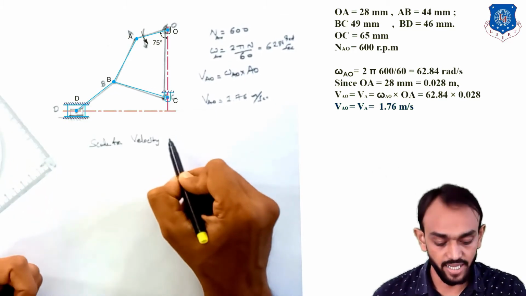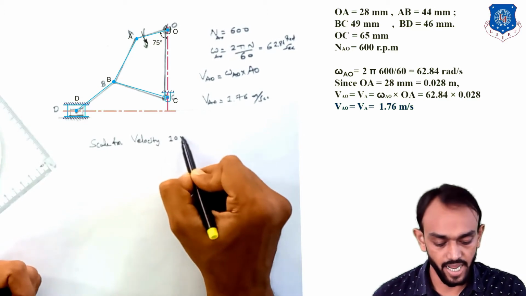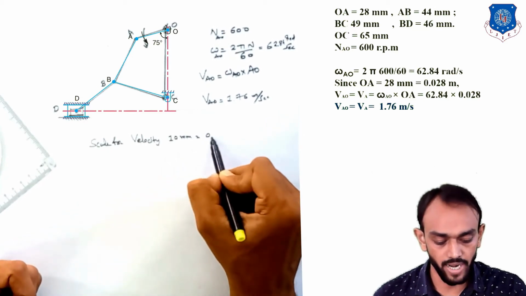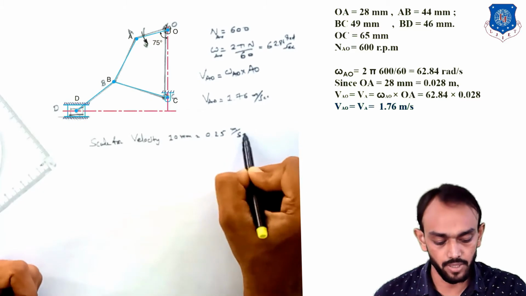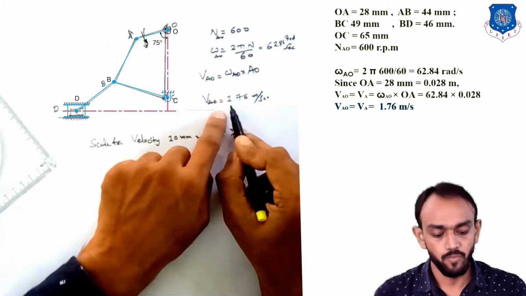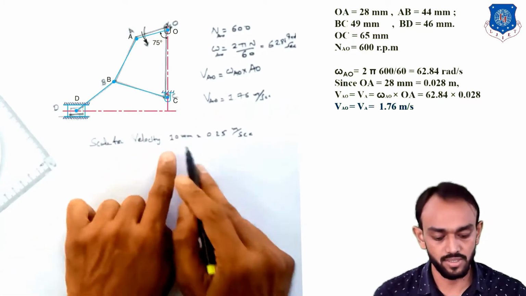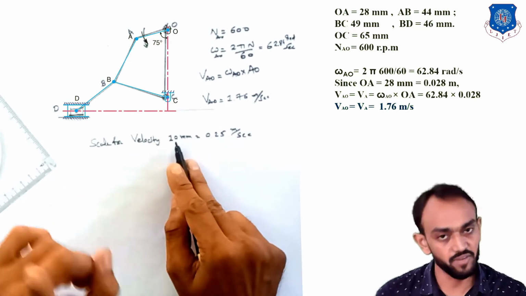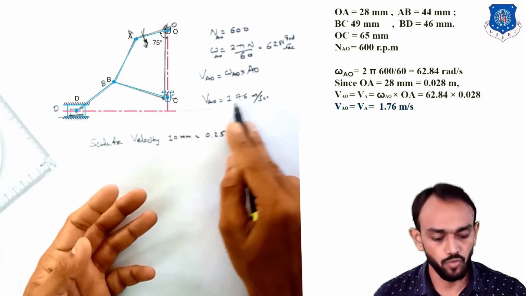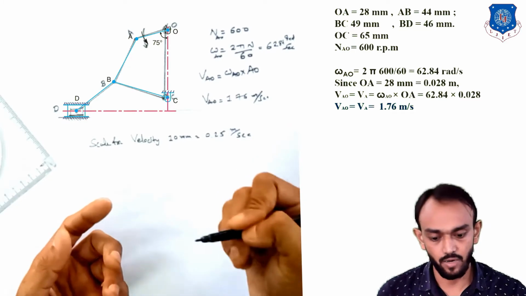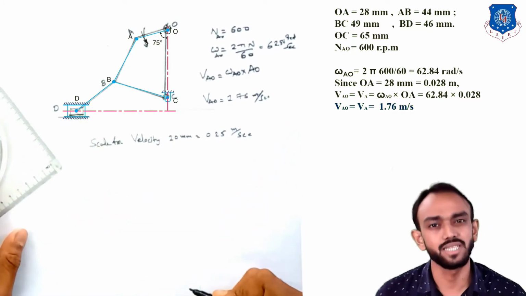So we take 10 mm equal to 0.25 meter per second. For 1.75, our length will be around 7 centimeters or 70 mm.